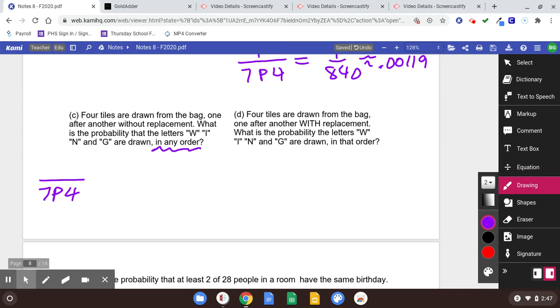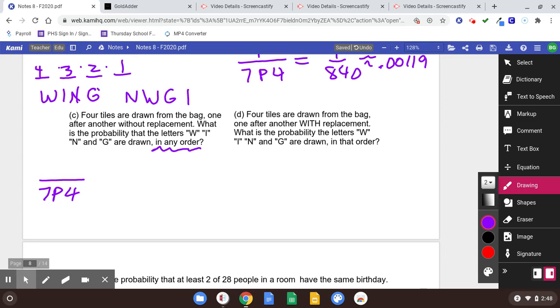But what we're trying to do is have these 4 letters spell some word, but it says in any order. So W, G, I, N would be a different word. So basically what we're trying to do is shuffle those 4 letters. You could think of it as a blanks problem if you want. There'd be 4 letters to pick first, and then 3, and then 2, and then 1.